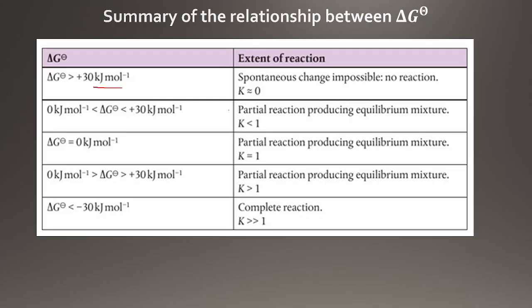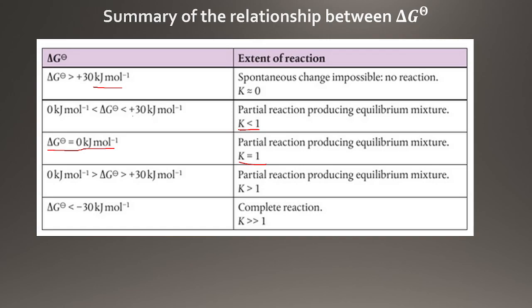So if the Gibbs energy change is 0 for an equilibrium reaction, then in that case K is 1. So there is not always, but there can be the same amount of products and reactants. If the Gibbs energy is greater than 0 and smaller than 30 kilojoules per mole, well then K is going to be smaller than 1, because ln K when it's negative is minus, and you have minus RT times ln something, and you get a positive number.